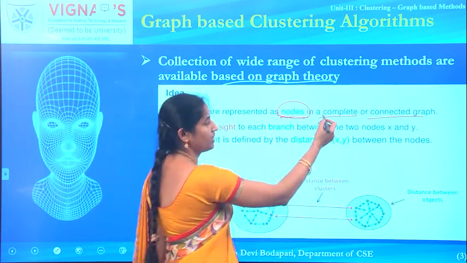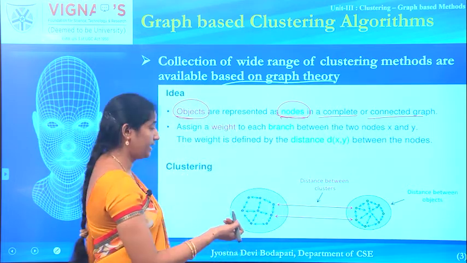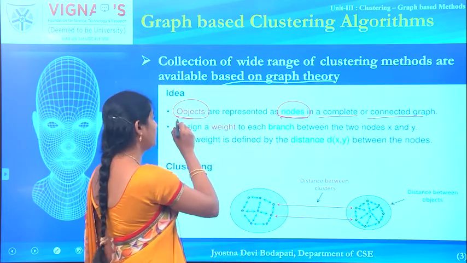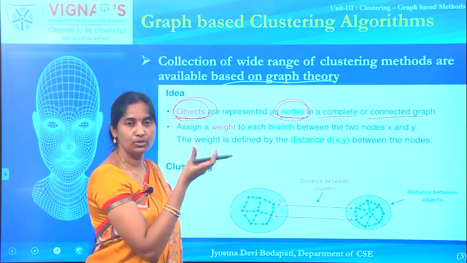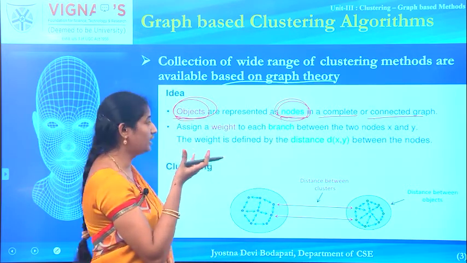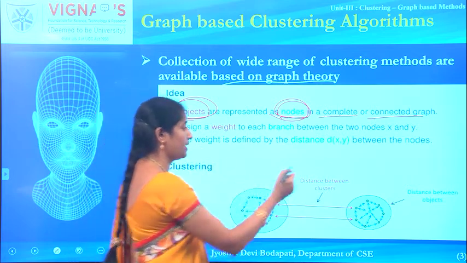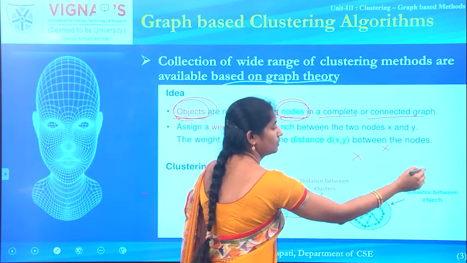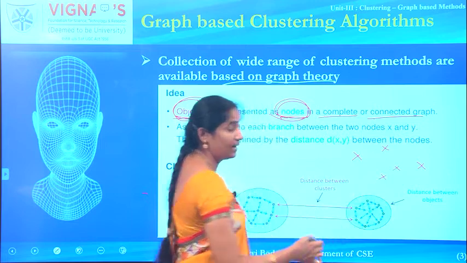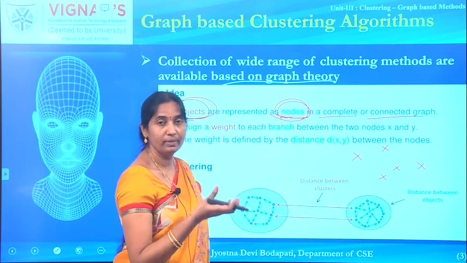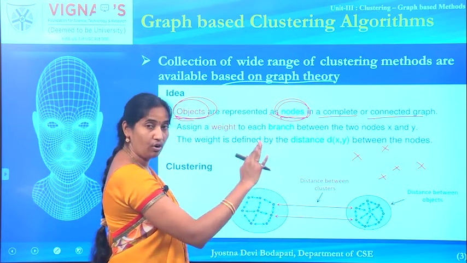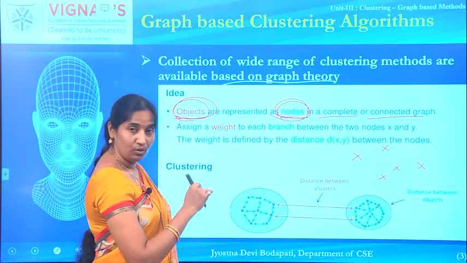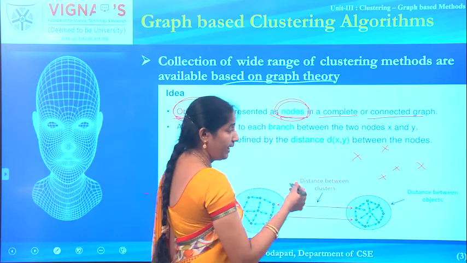Given the set of data objects forming the nodes, say for example, this is one node, formed based on the data objects. Once the nodes are formed, we then need to identify the edges in the graph.